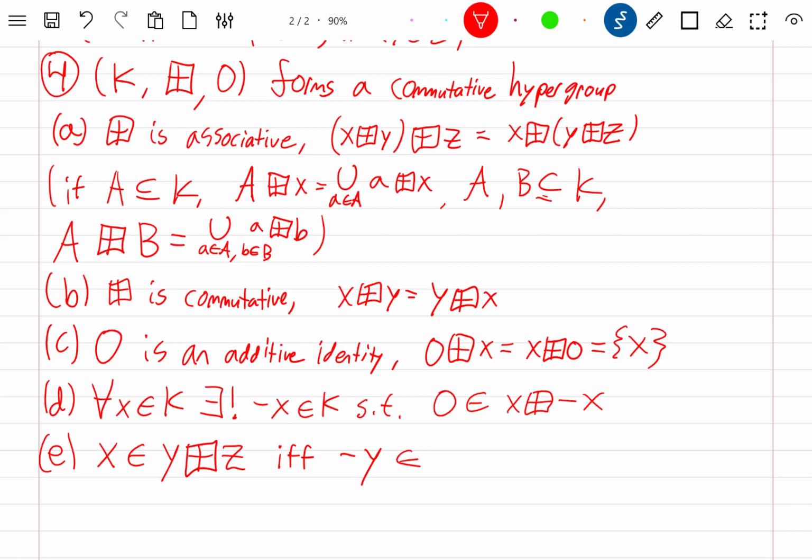So this is true if and only if the element negative y is in the set negative x plus z.